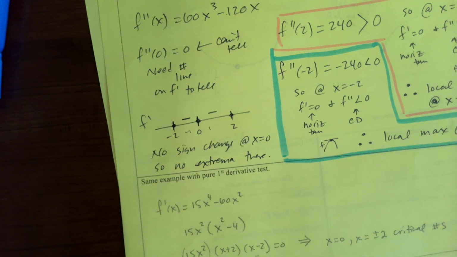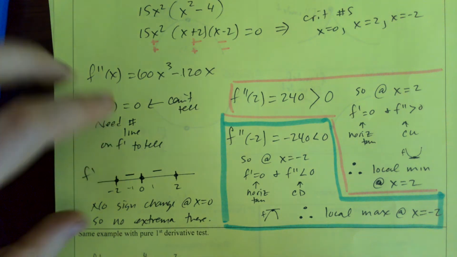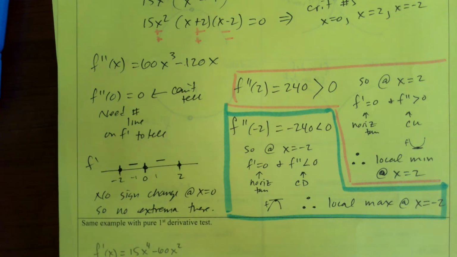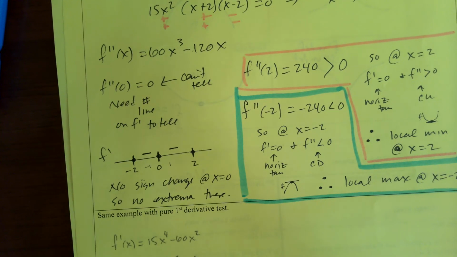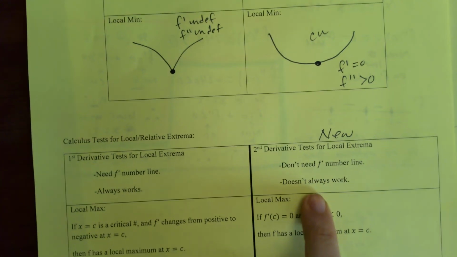Now when you go to do your practice, guys, I'm pretty sure you're not going to get anything like this. I think you could just plug right into the second derivative. But if you ended up getting 0 on the second derivative or undefined, then you couldn't use the second derivative test. The second derivative test, you don't need the number line for it, but it doesn't always work.